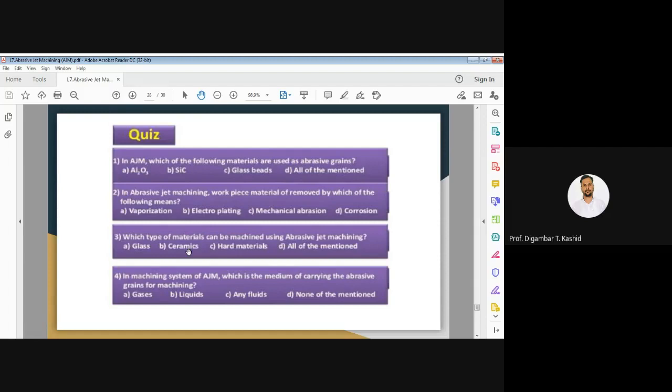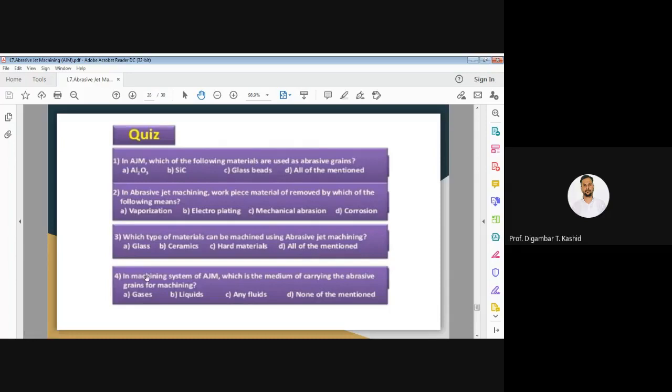The options: A is vaporization, B is electroplating, C is mechanical abrasion, and the fourth is corrosion. In abrasive jet machining, the workpiece material is removed by which of the following? C, mechanical abrasion, is correct.